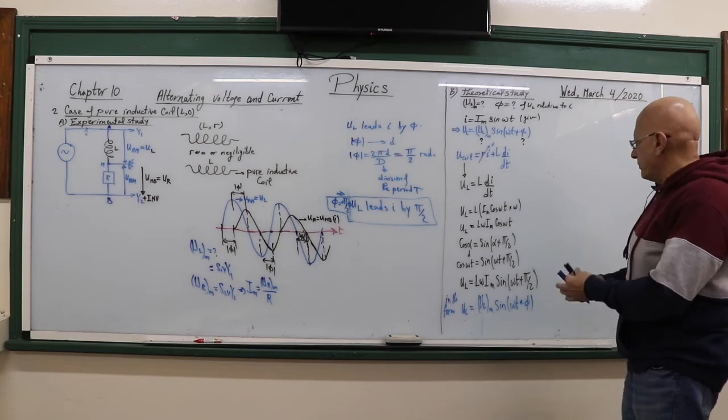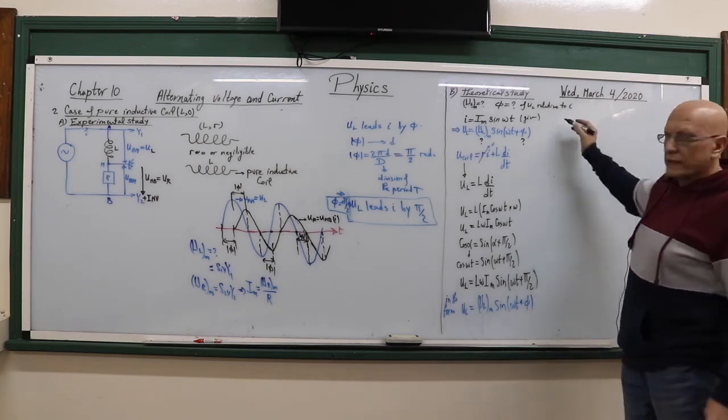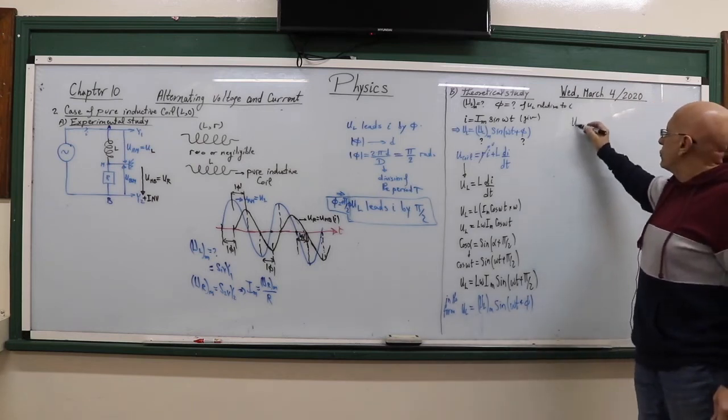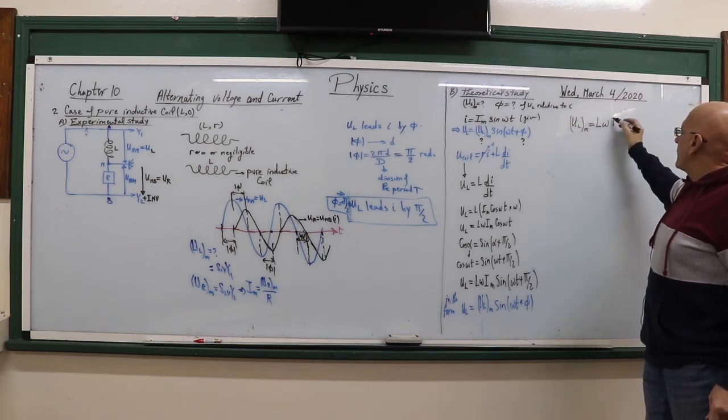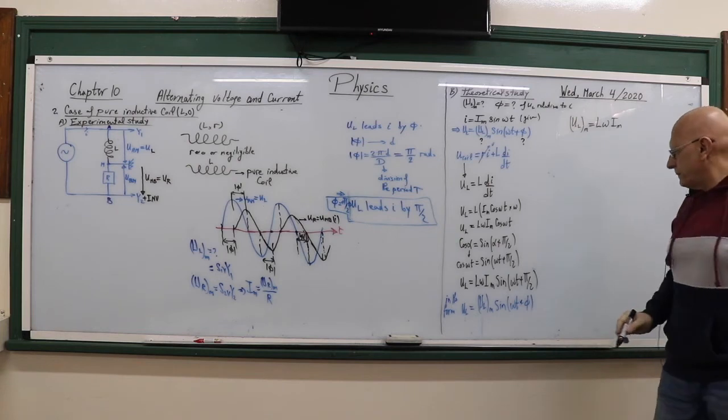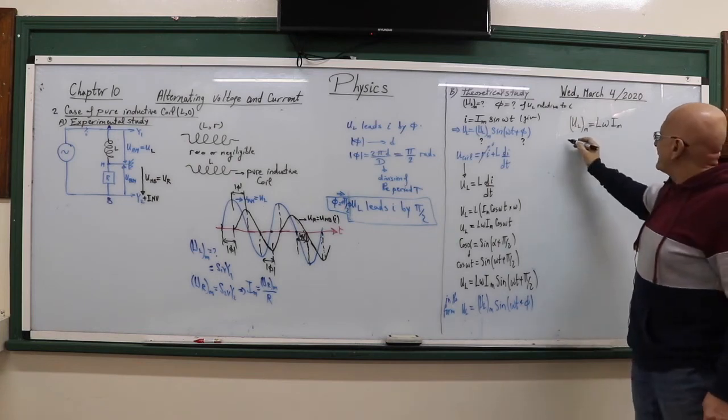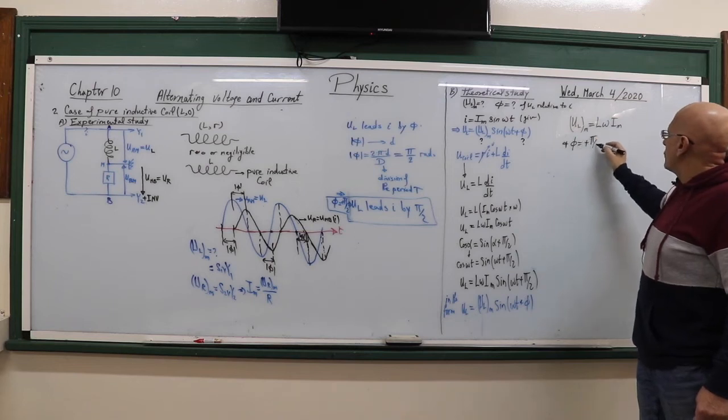So by comparison, you deduce that UL maximum is equal to L omega Im and phi equals plus pi over 2.